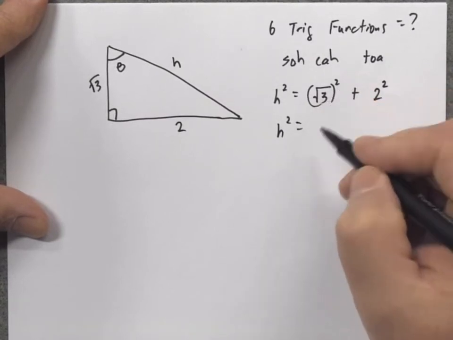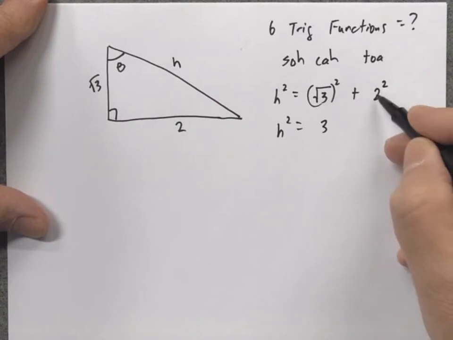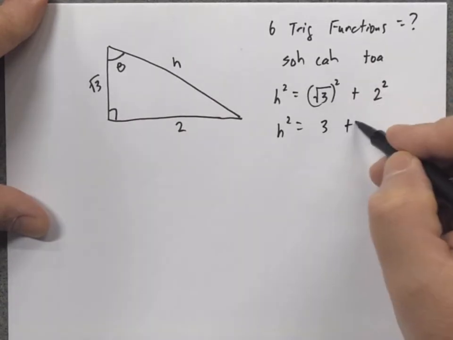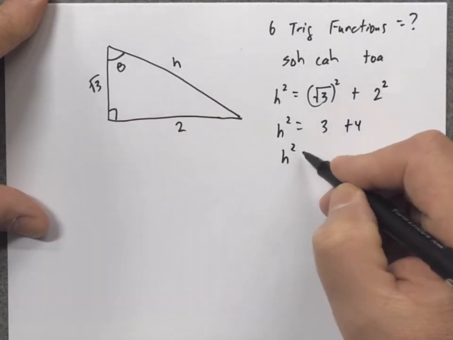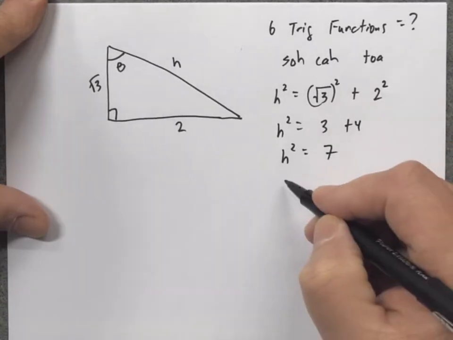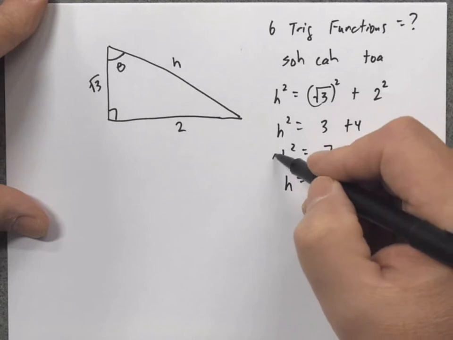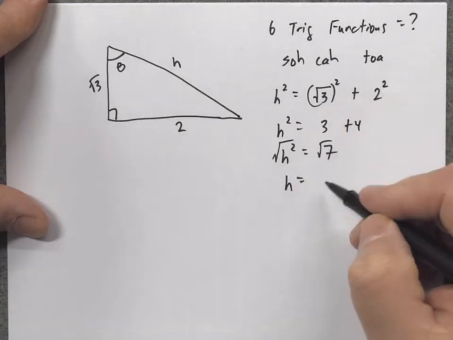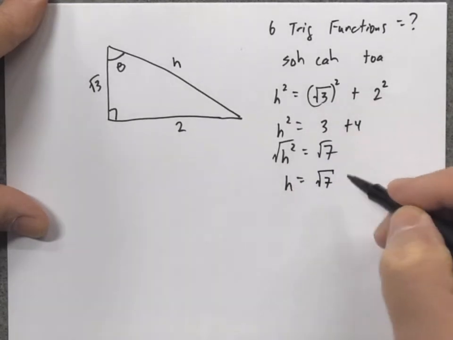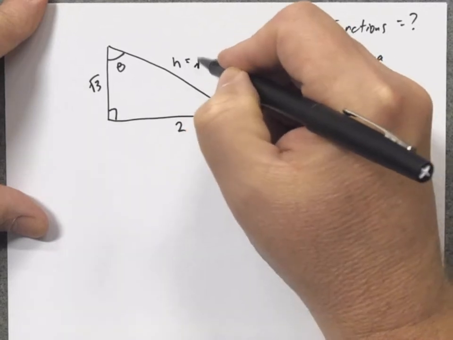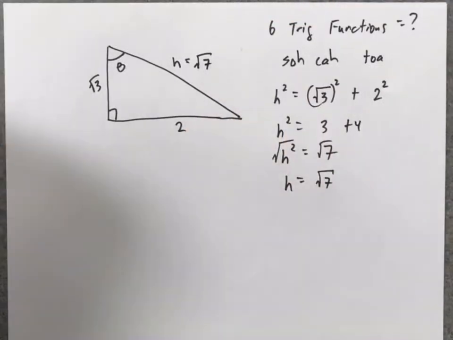When you square a square root, it ends up being 3. 2 squared is 4. So h squared is 7. If I want to solve for h, take the square root of both sides. So the hypotenuse is square root of 7.